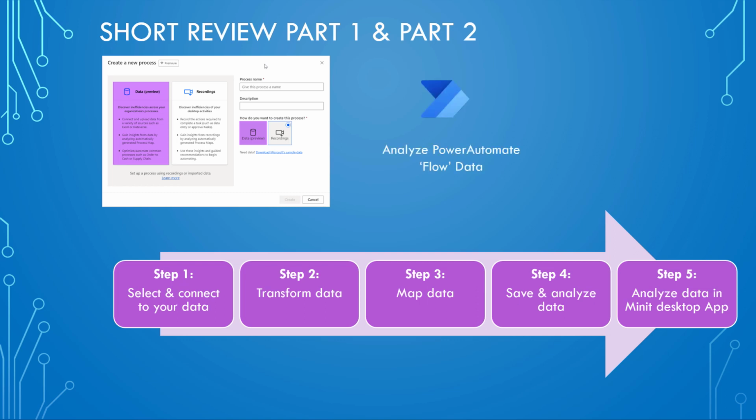And we did that first for analyzing Power Automate flows. And then second, we analyzed data from a system of records. And in our case, we used Dynamics 365 Finance, basically where we used electronic reporting data that we exported.